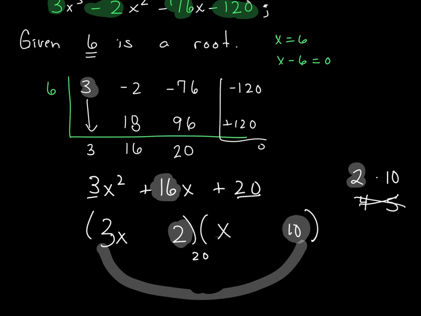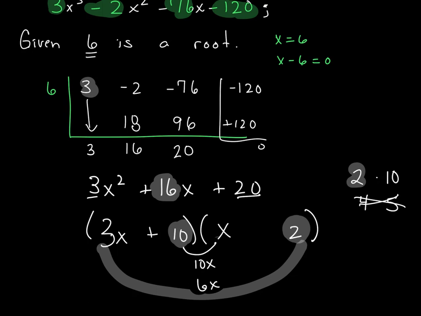That would give me 2x and 30. That's still not going to be right, so I'm going to switch those around. And that's going to give me my 10 and 2, and that's going to give me what I want. 10 times x is my 10x, 3x times 2 is 6x.